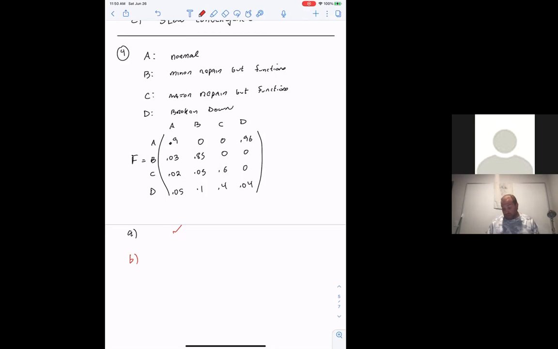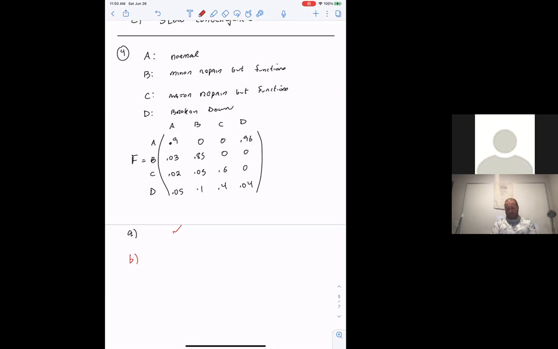But if they really want me to verify it, what I'll do is I'll edit a 4x4 matrix of 0.9, 0, 0, 0.96, followed by 0.03, 0.85, 0, 0, 0.02, 0.05, 0.6, 0, 0.05, 0.1, 0.4, 0.04. And then I'm going to ask myself, what do I think is the minimum number of transitions necessary before everything is non-zero?